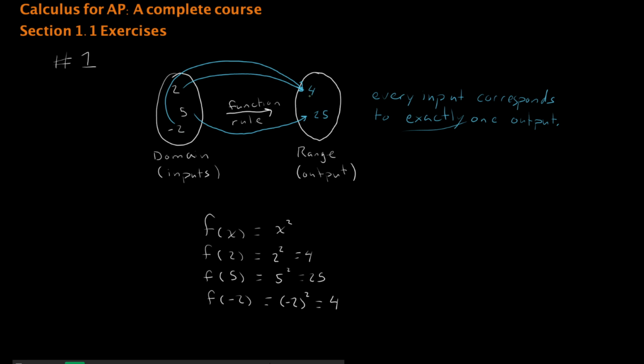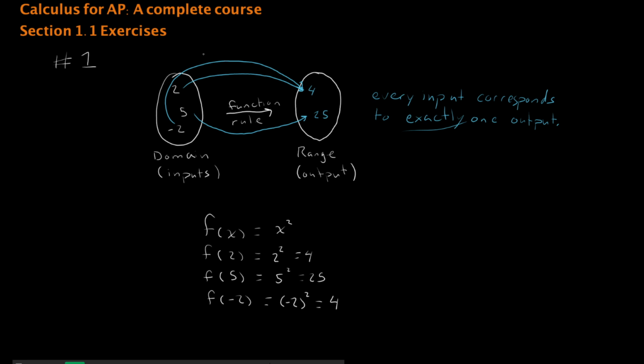Now read carefully what this question is asking us. True or false? A relation is a function if and only if each element of the range corresponds to exactly one element of the domain. They've gotten their domain and range backwards. For an output, an element of the range, actually corresponds, in my example here, the output 4 corresponds to two different inputs.